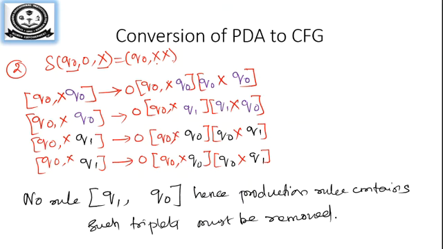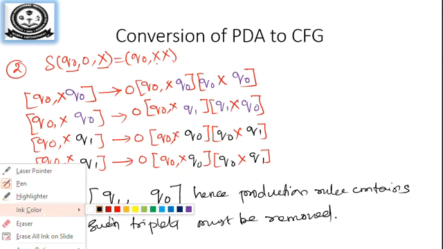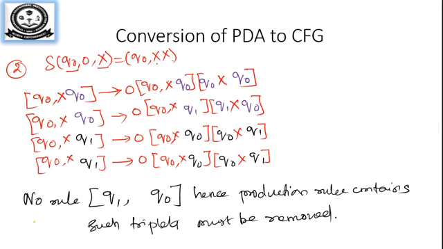Okay, so let us see what combinations we have. Let me take a color. Now Q1 to Q0. You can see here this is having Q1 to Q0. Hence, this production rule is not taken up for our process, so we are going to leave it off.